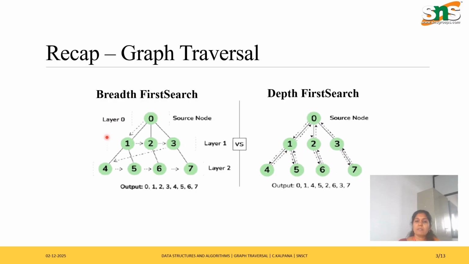Both breadth first search as well as depth first search are applicable for social media networking, especially on Instagram and Facebook for mutual friend suggestion, and for searching a friend we require these types of traversal.